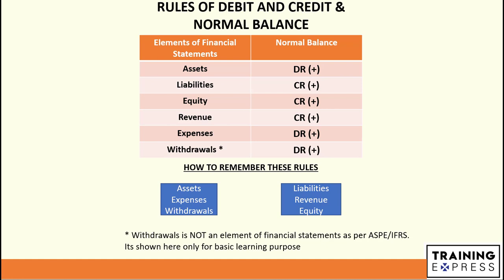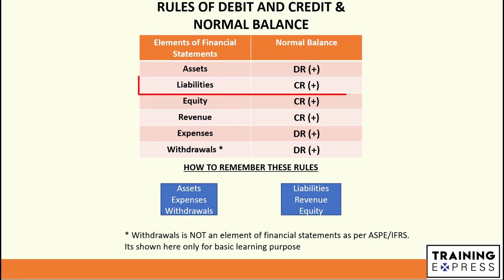As you have seen in the previous slide, some of the accounts were carrying a debit balance and some of the accounts were carrying a credit balance. So normally all the assets, expenses, and withdrawals will be carrying a debit balance, which means their ending balance will normally be a debit balance.